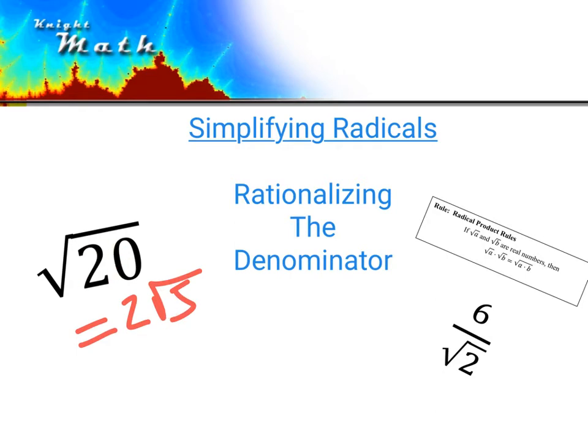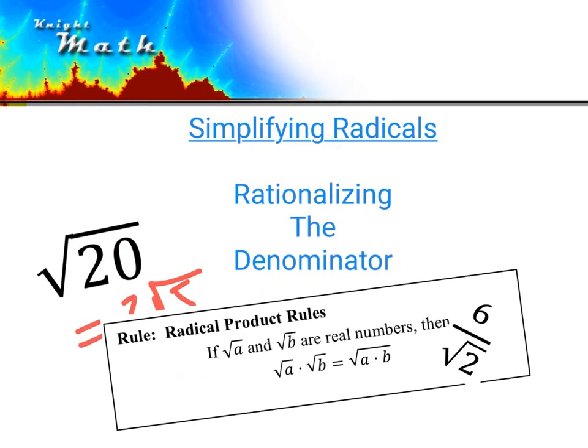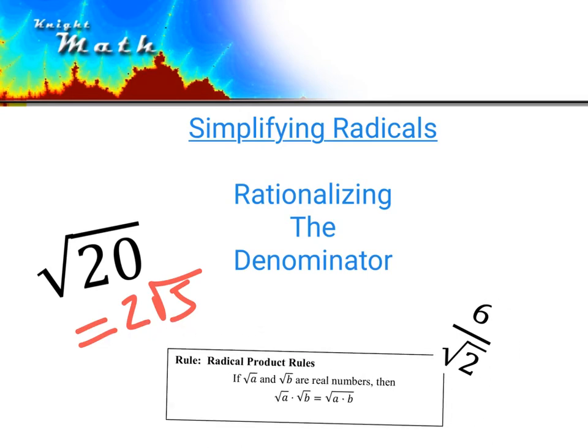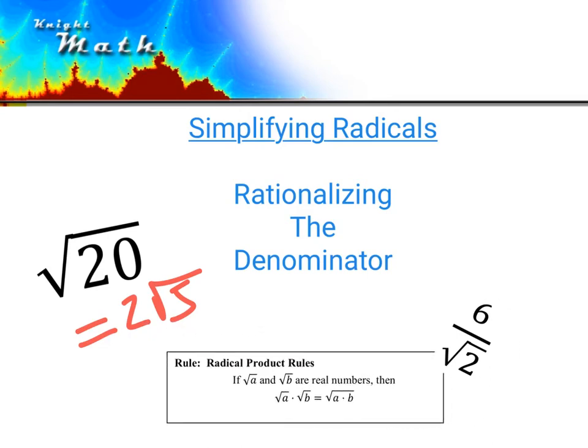And the reason why we can do that is because of our radical product rule. So this radical product rule says if we've got two numbers that are under a square root, we can multiply them and put them under one square root, or vice versa.